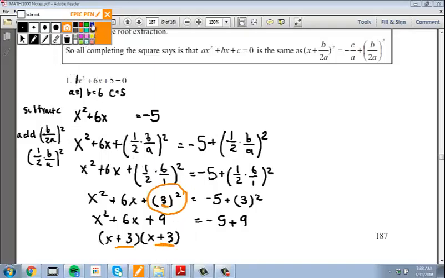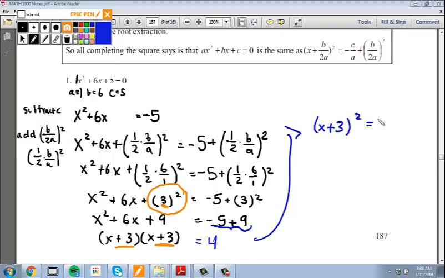Then I have negative 5 plus 9, which is actually 4. So another way to write this is x plus 3 squared is 4. Then I can use the square root method like in the last section of problems. So x plus 3 is plus or minus the square root of 4, but that is 2.